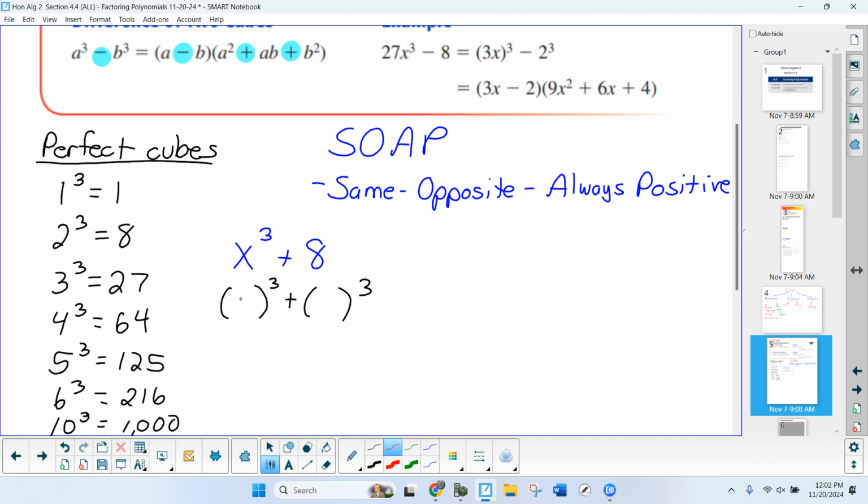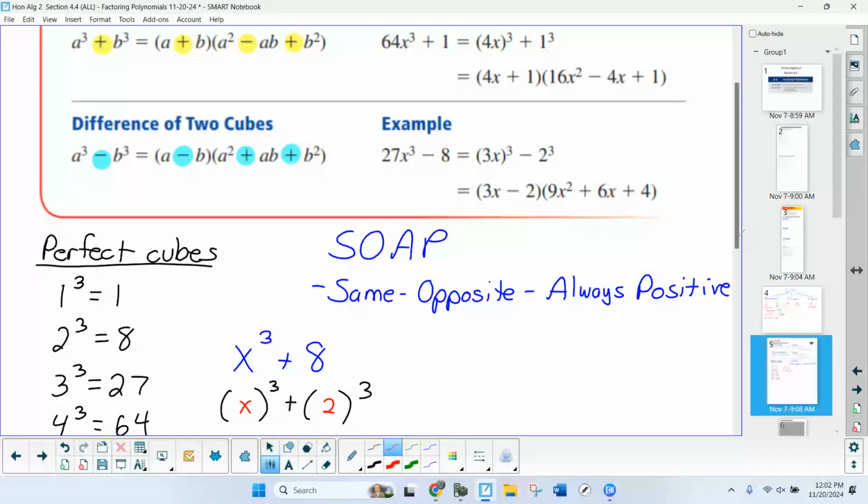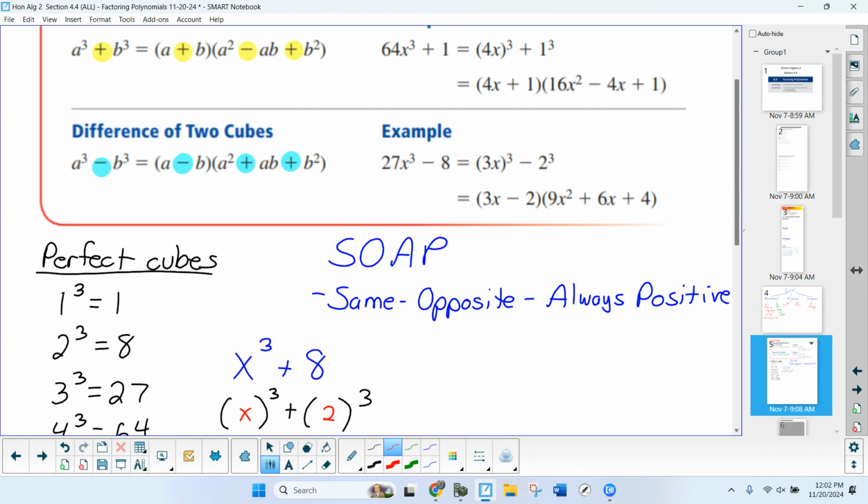What goes in here? And what goes in here? So now you're going to use your sum of cubes formula. You just do a plus b, so x plus 2.